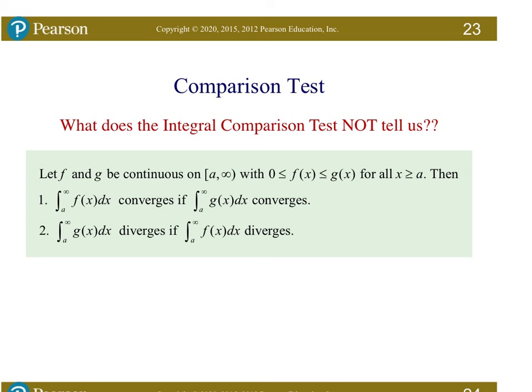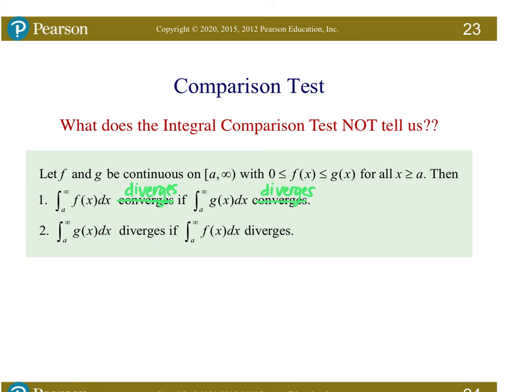It also can't tell us the reverse. So if we try and change it, would it be true that if this diverges based on the other one diverging? Okay, that's false. You can't change the word and have that be still true.